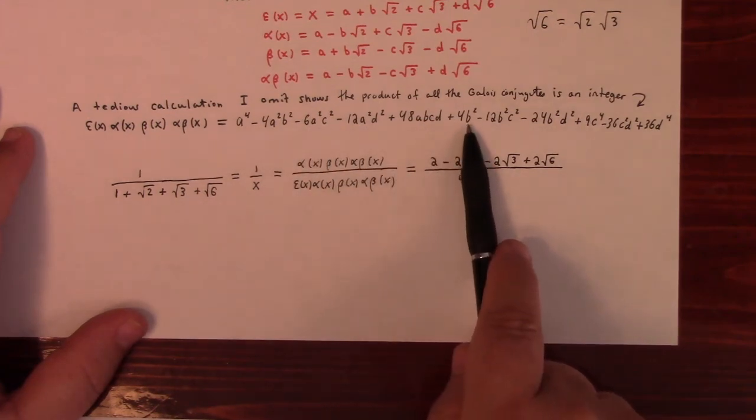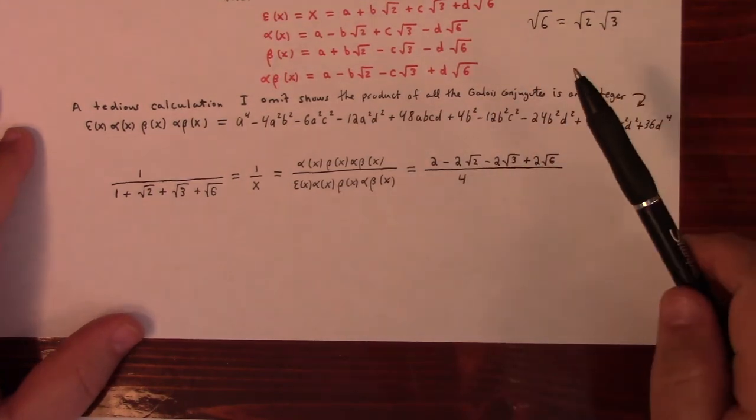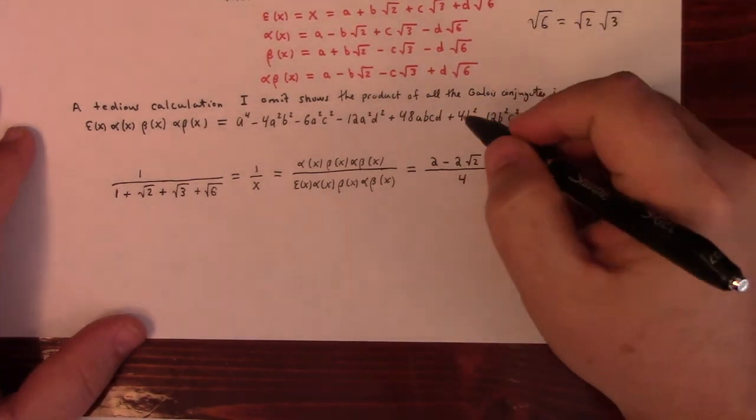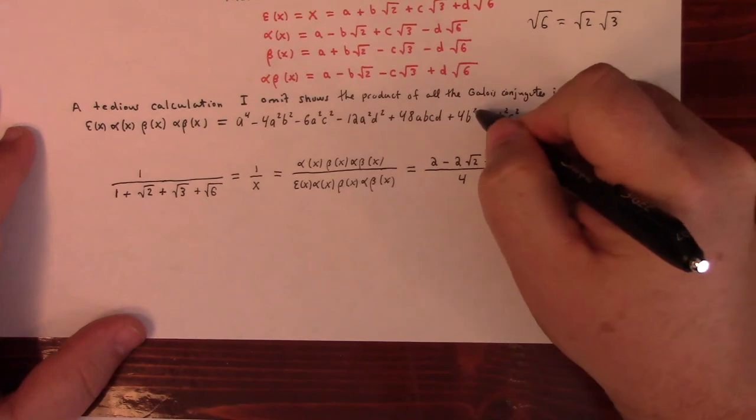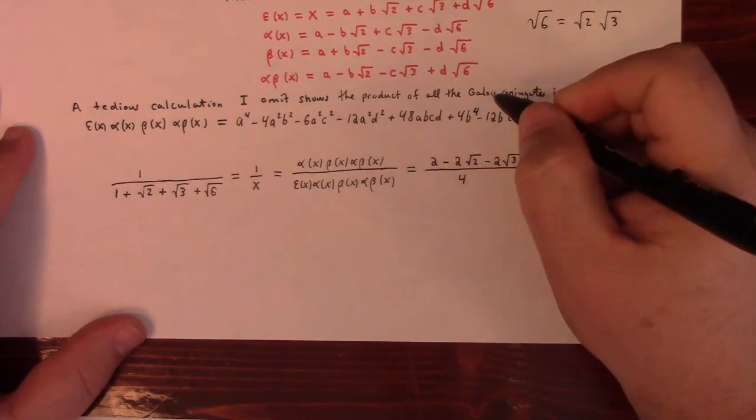Everything in here has got, well, there's the one that feels to me like a mistake. That feels wrong. I bet that's b to the 4th. So I wouldn't worry too much about that. I was in a hurry, but you know what? I'm just going to go ahead and put a 4 on that. That's most likely what I did wrong.